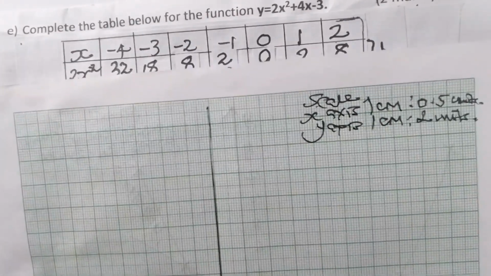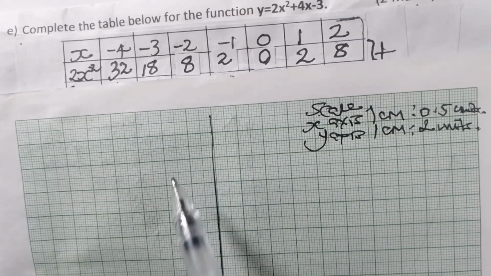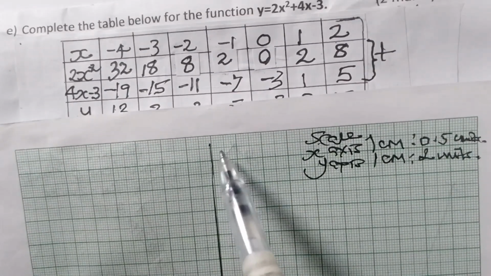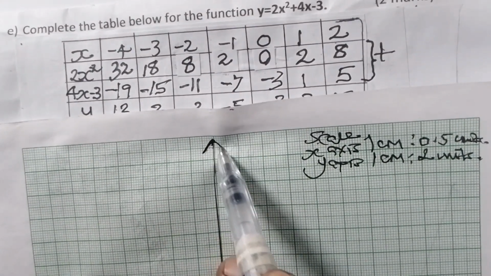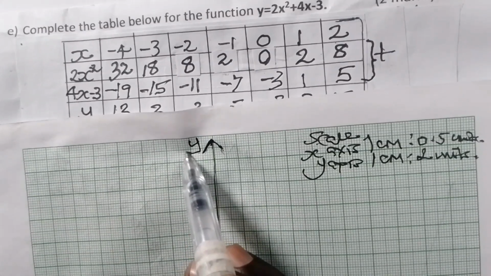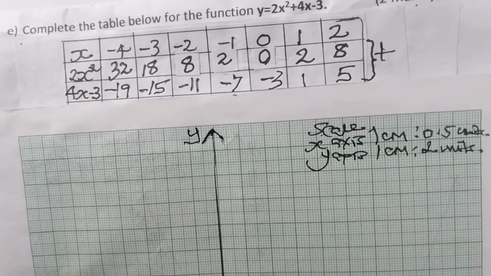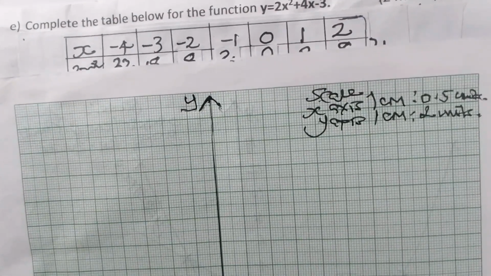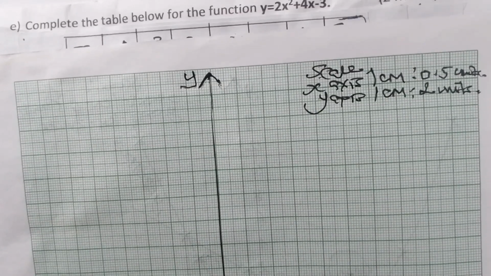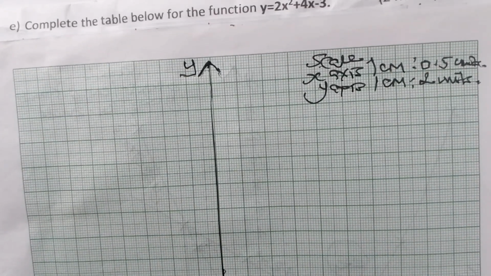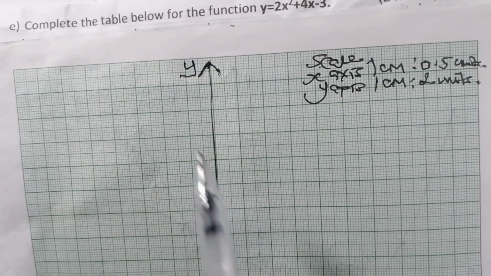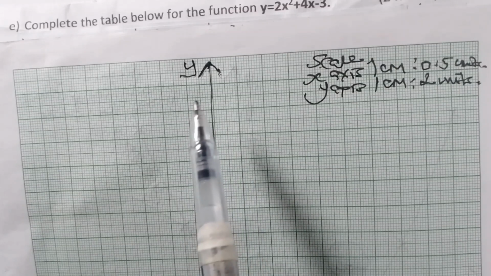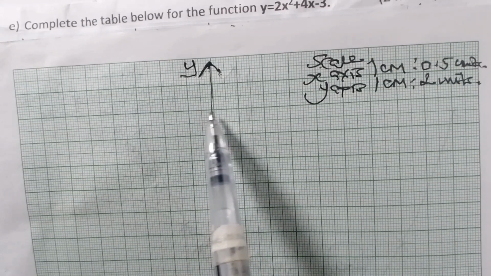So you can mark this as the y-axis with an arrow, that is the y-axis, and then we need to determine where the x-axis will fall. So we can start with the greatest value on the y-axis.